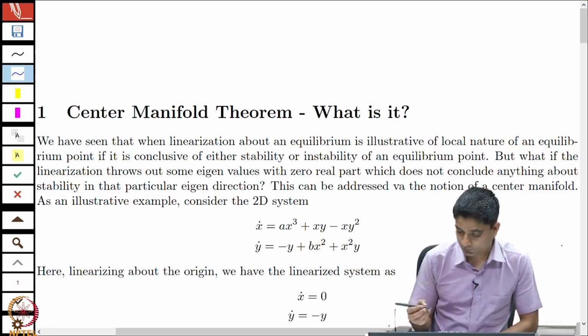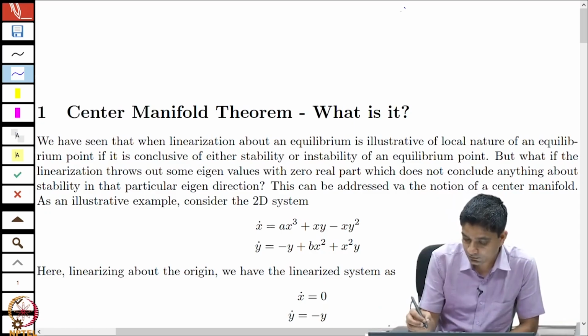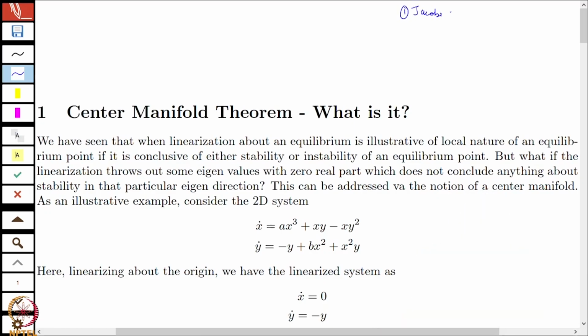Okay. So, first we did the Jacobi linearization. We start with a nonlinear system. Let me take it autonomous, x dot equal to f of x, where x is a state vector in R^n, and around an equilibrium point, x dot equals A x.